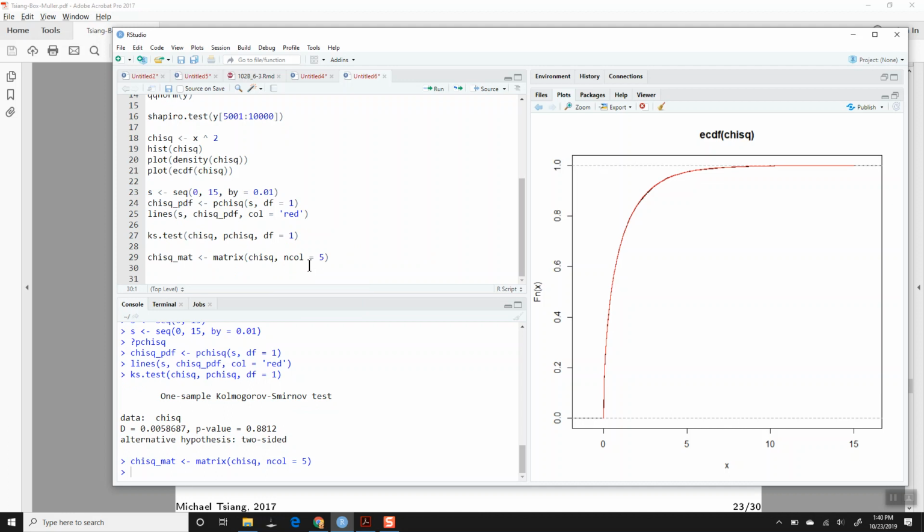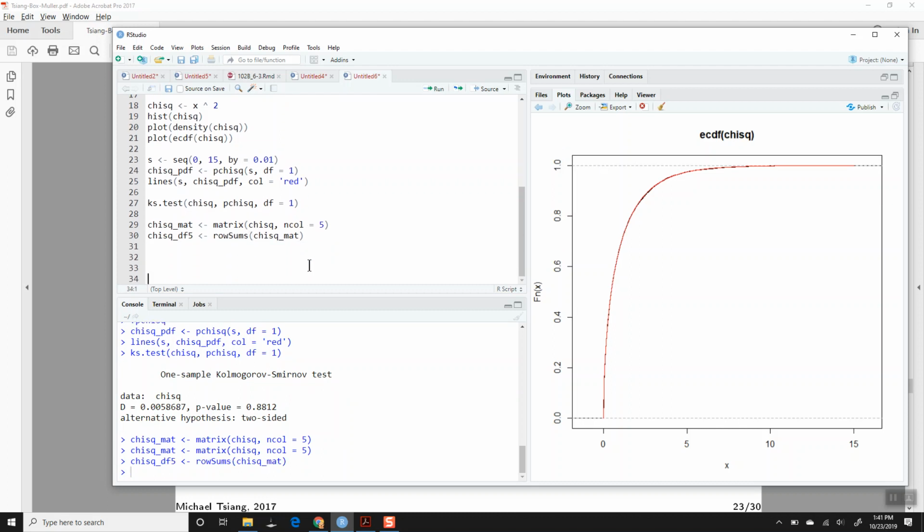Then chi-square df5, degrees of freedom 5, will just be our row sums of my chi-square matrix. Does that make sense? I'm just arranging all of the chi-squared values in a matrix, so each row will have 5 chi-squared values, and then we sum them up, doing our row sums.